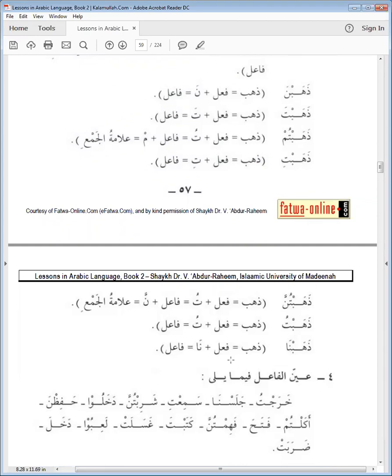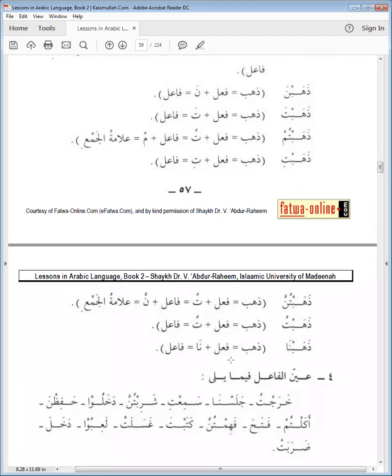In the case of the past tense verb, we add on pronouns at the end. If it's present tense verbs, then we add at both ends, before and after the root letters.